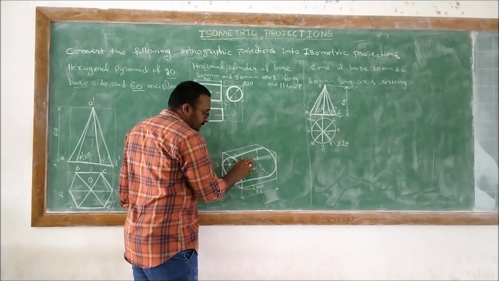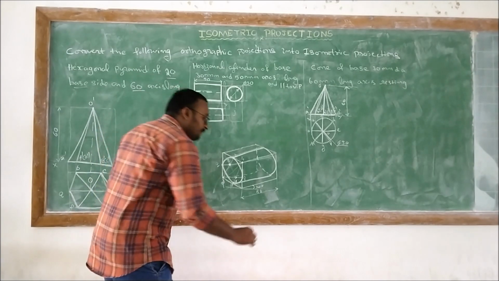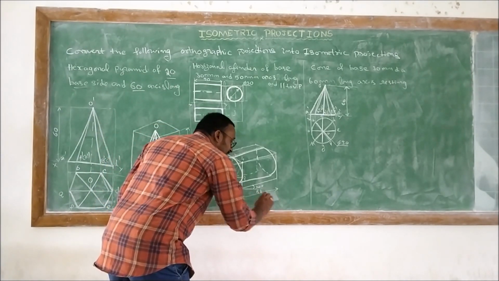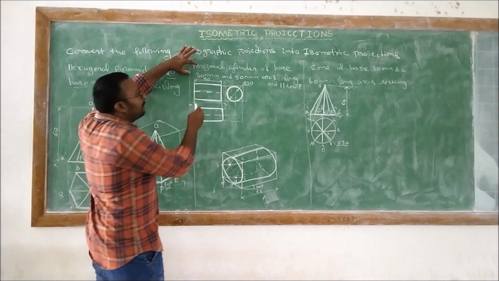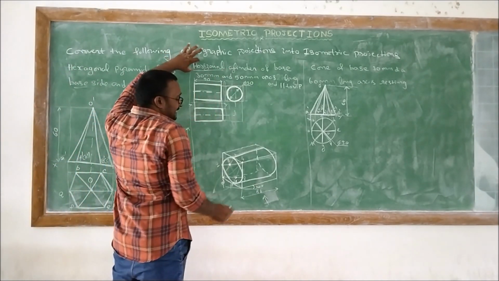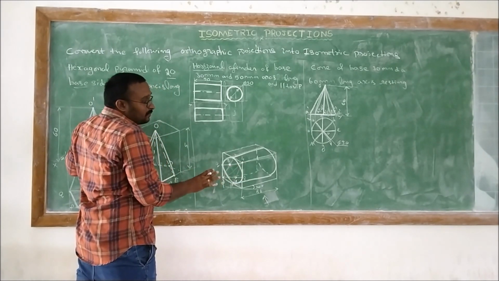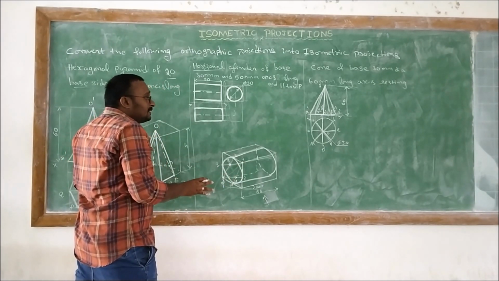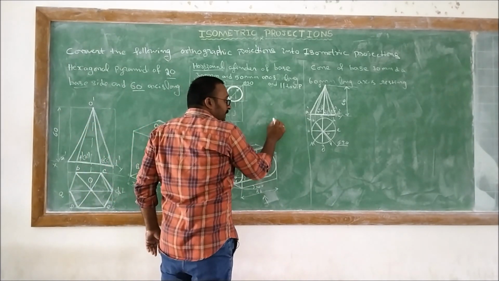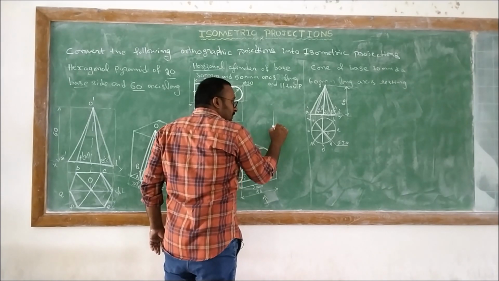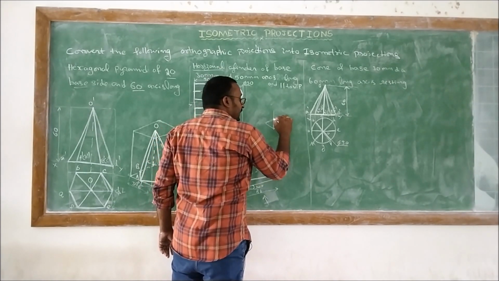Here it is, the isometric view of a given cylinder. When its axis is horizontal, as the problem itself mentions a horizontal cylinder, we must do it like this. Or if the axis is vertical, then the height will be 50 and the base will be 30 square.